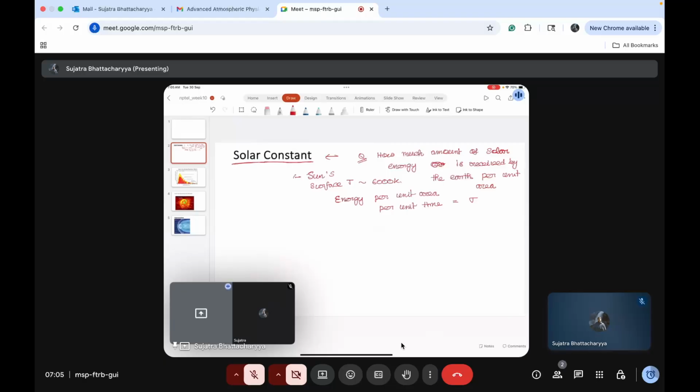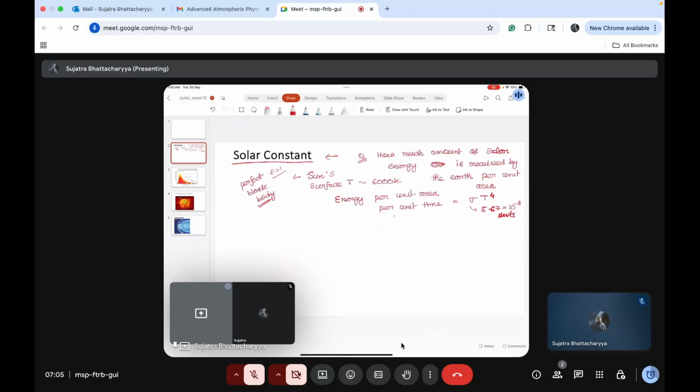Then using the Stefan-Boltzmann law, you can write this as sigma T to the power 4, where sigma, the Stefan-Boltzmann constant, is 5.67 into 10 to the power minus 8 in the appropriate units. I have written epsilon equal to 1 because it's a perfect black body.